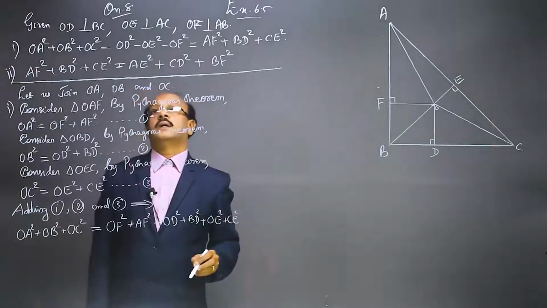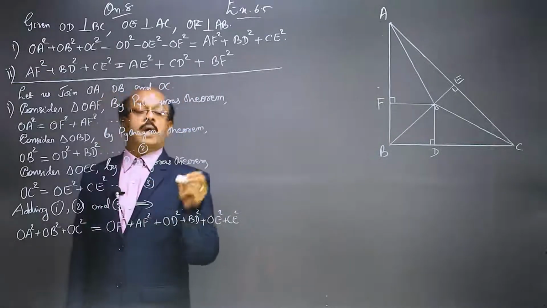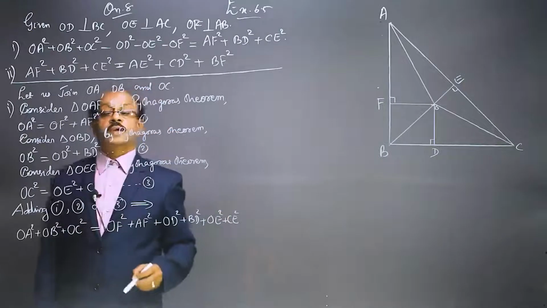We are taking OD square, OE square and OF square to the left of the equal sign.